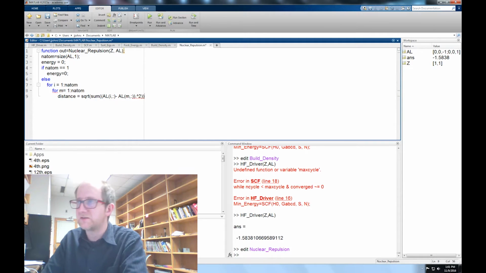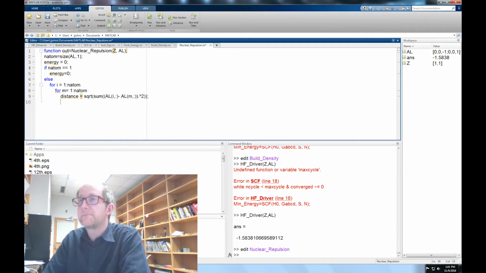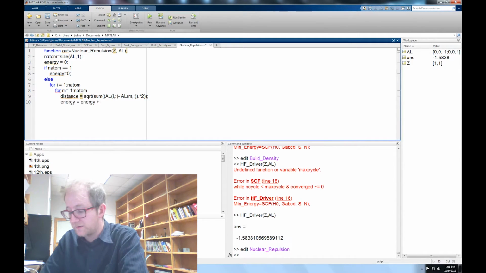Right, so we're just going to get the distance between each of them, and then energy equal energy plus Z sub I times Z sub m divided by distance.